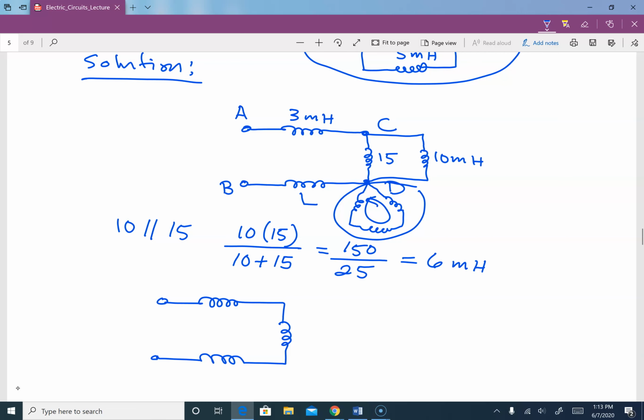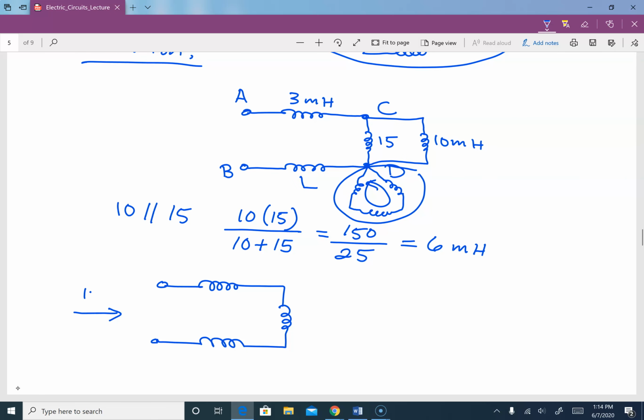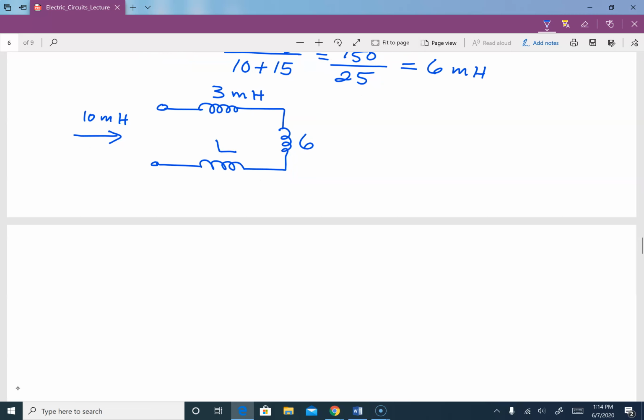Over here we have the equivalent to be 10 millihenry. We have this as a 3 millihenry. This is L, and this over here is 6. And all of these are in series. So when they are in series, we can say the equivalent is equal to 3 plus 6 plus L. So from that, our L for sure is equal to 1 millihenry.